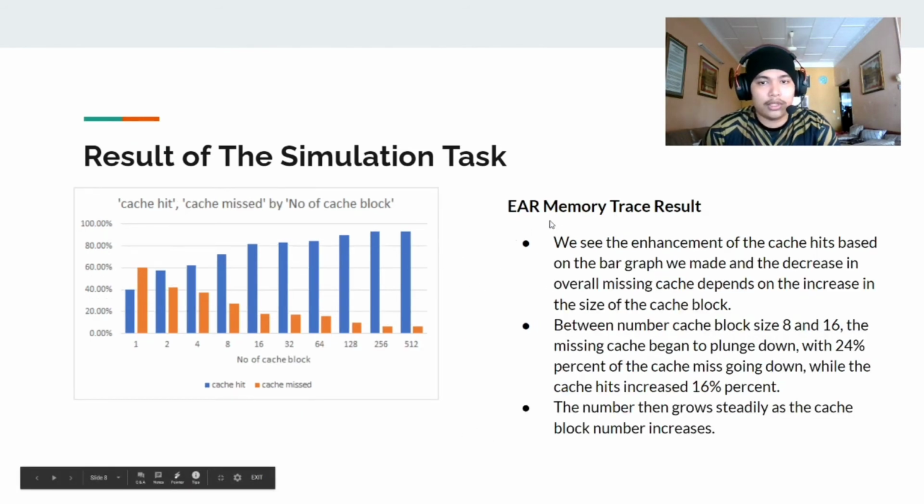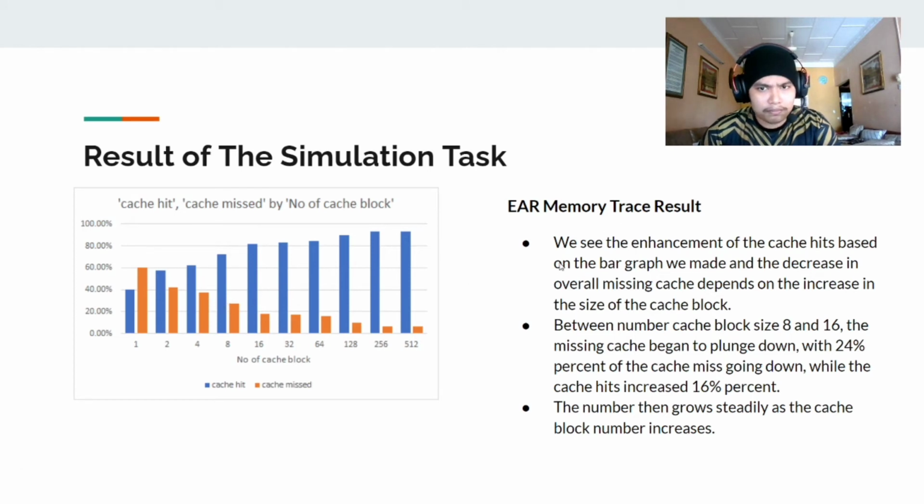We go to the EAR memory trace result. We see the enhancement of the cache hits based on the bar graph we made, and the decrease in overall cache misses depends on the increase in the size of the cache block.